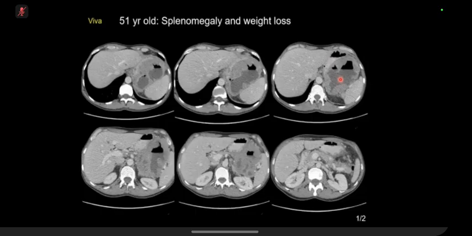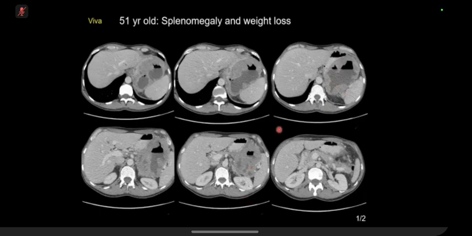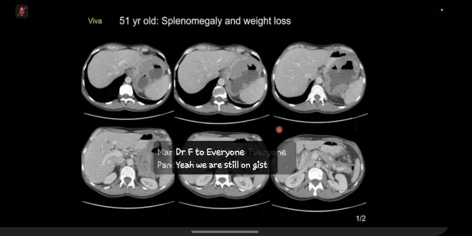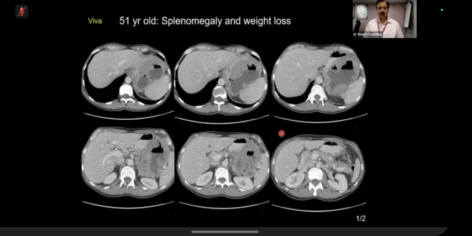Oh, so the more medial structure is the stomach. Excellent. So what is this? So that looks like it could be a large collection. Okay. Pancreatic. So, okay, hint. It is in the same differential which you just did. That's the hint.